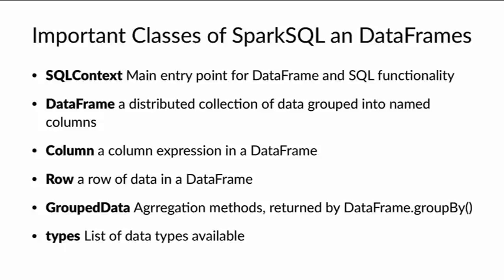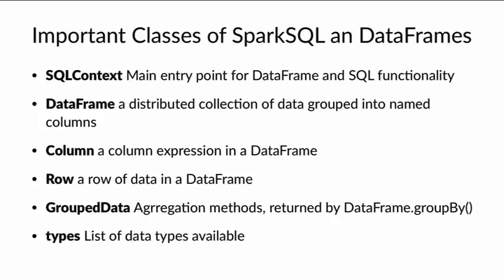So before I continue with another example on how to use the Spark SQL and Spark DataFrames, here are the important classes of the Spark API. So it's the Spark context. It's the main entry point for the data frames and the SQL functionality. It's how you connect to your Spark cluster.